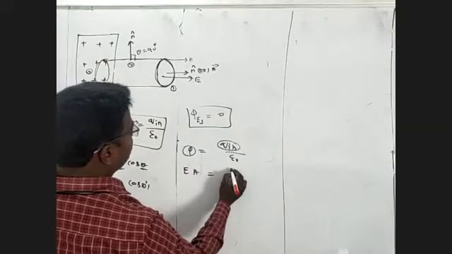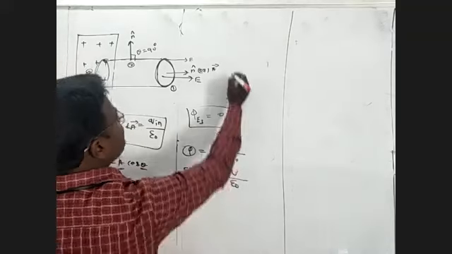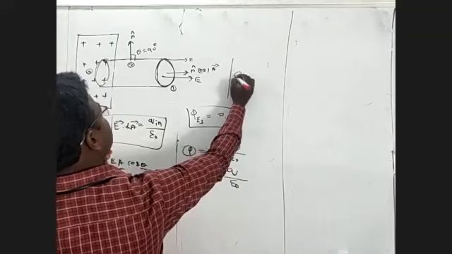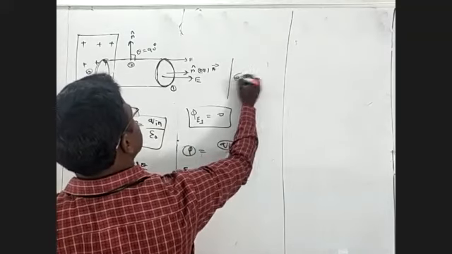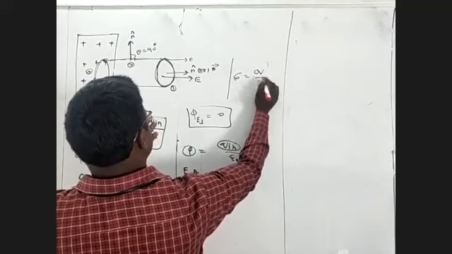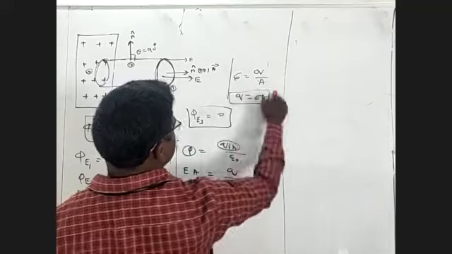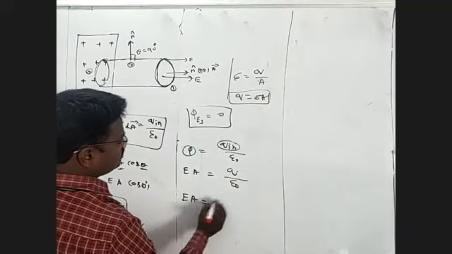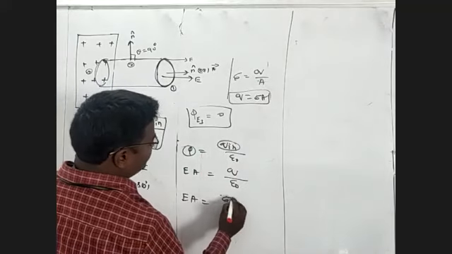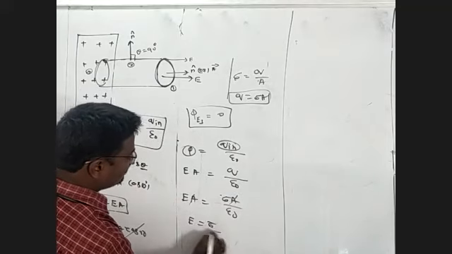The Q enclosed by this conducting sheet is Q. Surface charge density sigma is equal to charge by area. So Q is equal to sigma A. Then E A is equal to sigma A by epsilon naught. A cancels, and E is equal to sigma by epsilon naught.